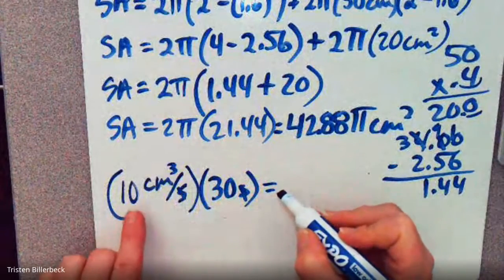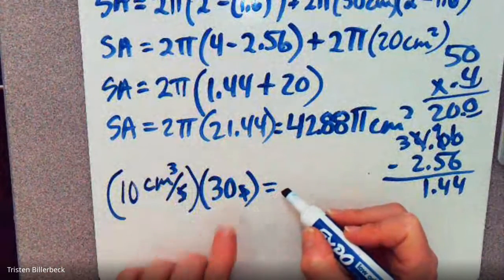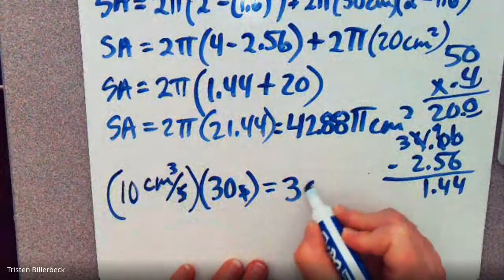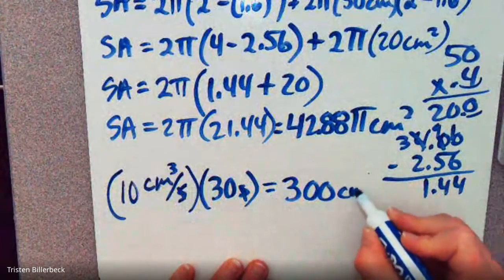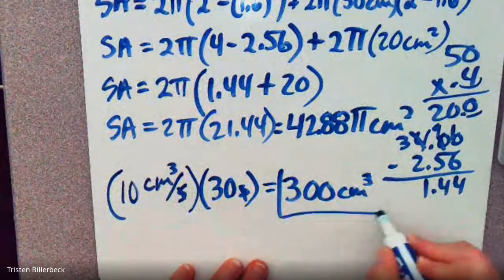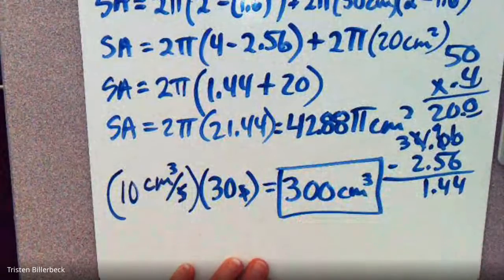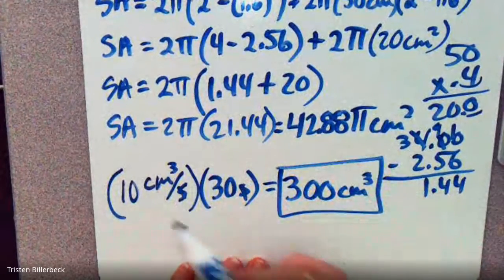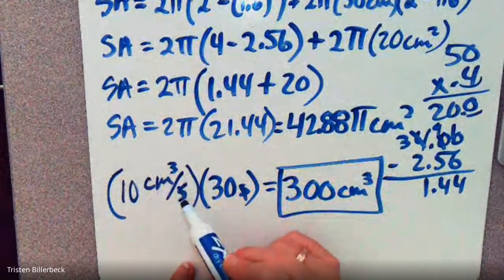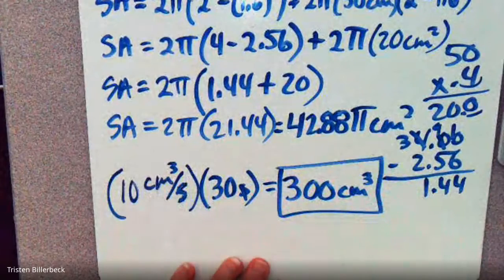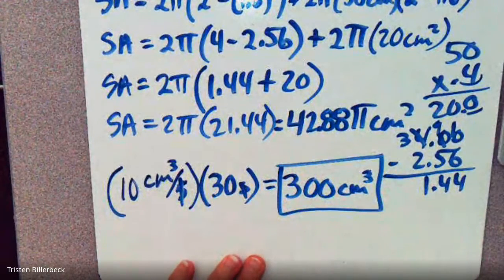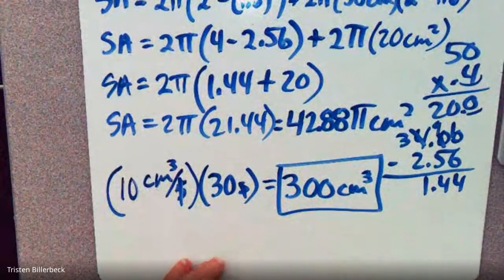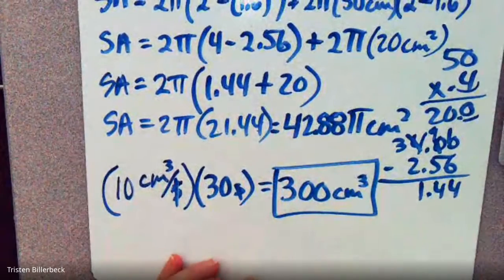So then we have 10 centimeters times 30 is 300 centimeters cubed. So that was kind of an easy question once we had the units right. So 10 centimeters cubed per second would be a flow rate. And then if you multiply that by 30 seconds, you get 300 cubic centimeters. And that's it for cylinders.